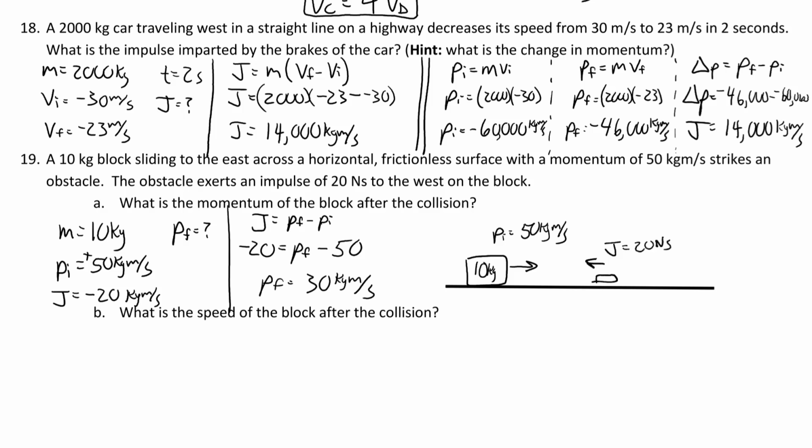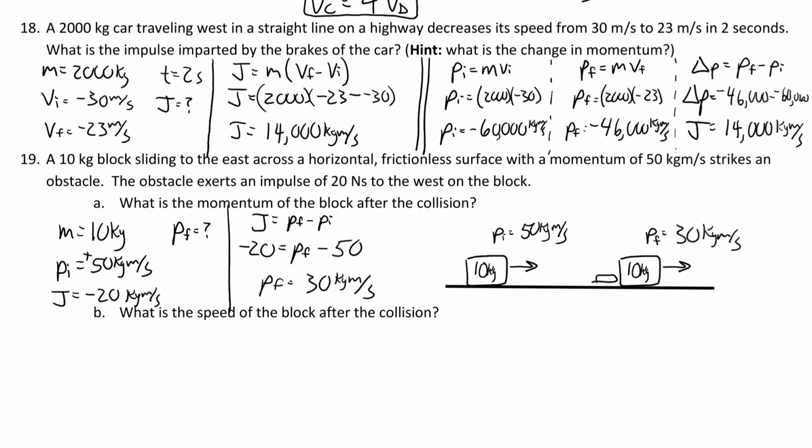Okay, so you're coming in at 50. And then this guy's like, nope, I'm going to change your momentum by 20 in the other direction. So I'm going to decrease your momentum by 20. And then after the collision, you have a final momentum of 50 minus 20, 30 kilogram meters per second. And if you think of it conceptually like that, hopefully it makes more sense now.